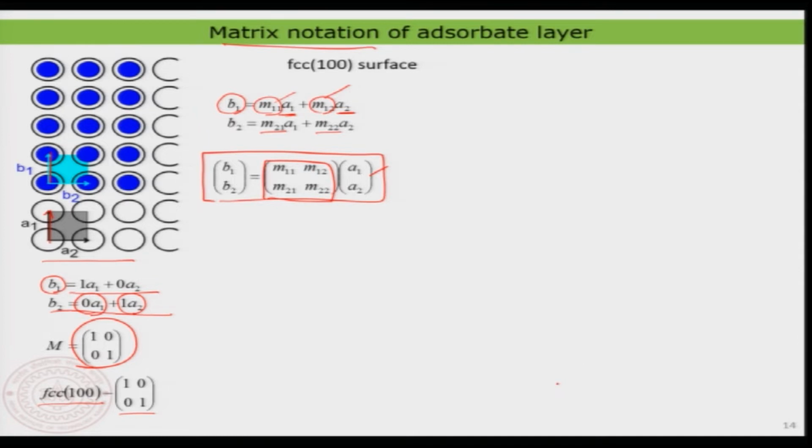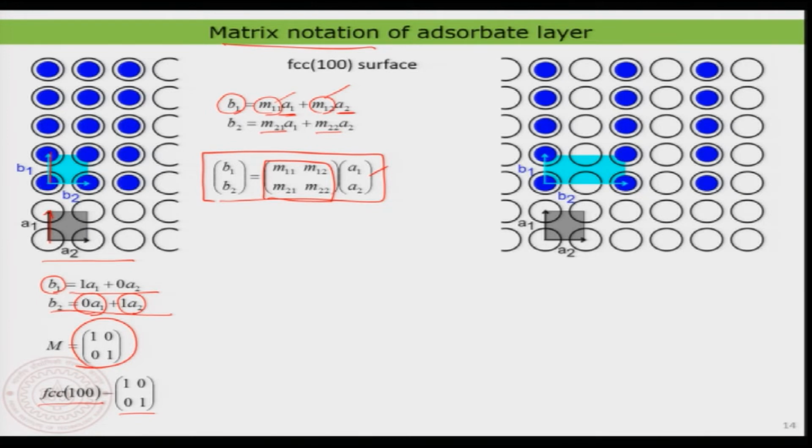Here it is not hugely surprising, but for more complex surfaces you will see that it becomes more interesting. Now, let us look at this one. This is a 2 by 1 super Adlayer. To write down the metric notation, I have to express the unit lattice vector of the Adlayer B1 in terms of A1 and A2.